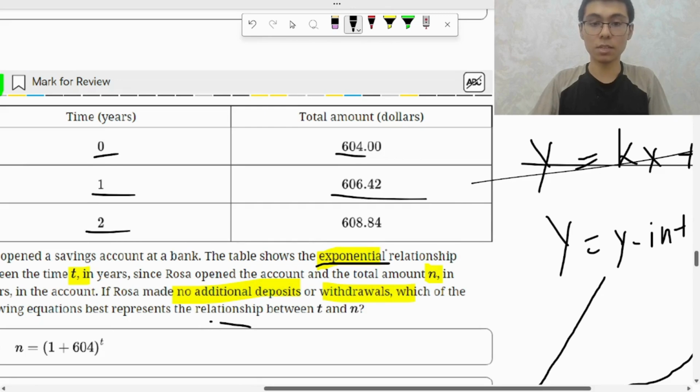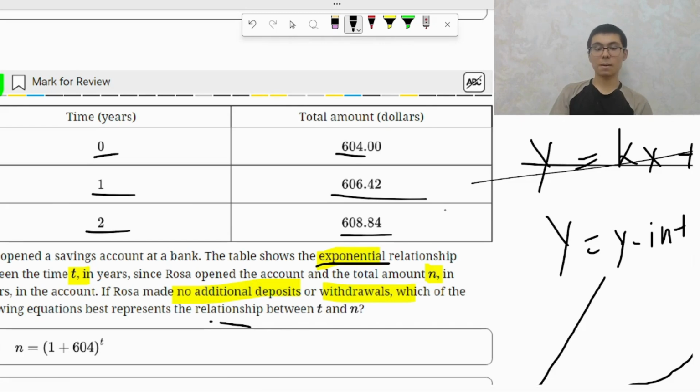Then after 2 years, she has $608.84. So in this case, my honest advice to you is look at the options. I mean, don't bother yourself and have a hard time making the equation.